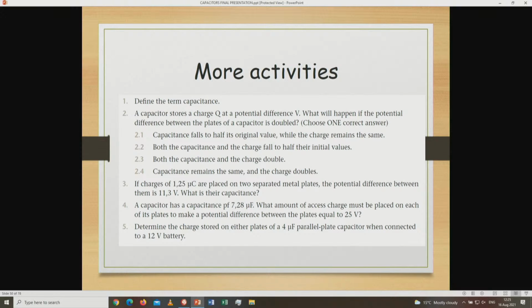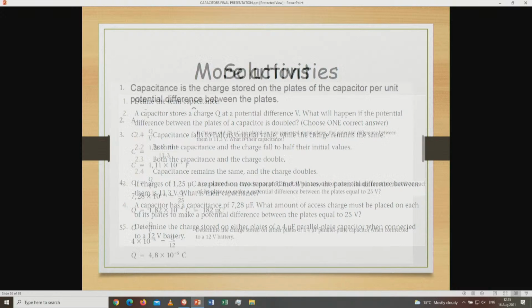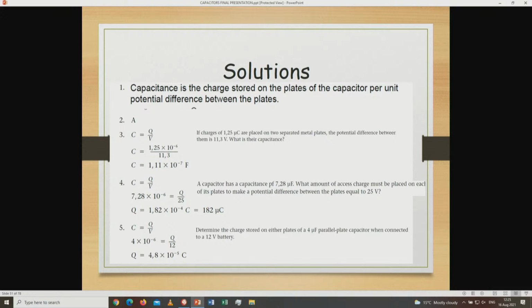Remember, you must convert to coulombs, divided by a potential difference of 11,3 volts. That will give us 1,11 times 10 to the power negative 7 farads. This is the capacitance of these two plates.